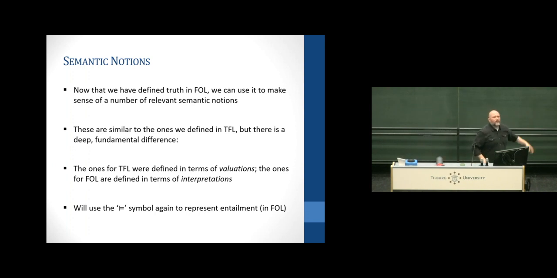Now, our double turnstile represents full-blown, capital L, logical entailment. In fact, between friends, the TFL stuff was a way for us to get to here. So if you see the double turnstile with FOL sentences, it's saying logical entailment.